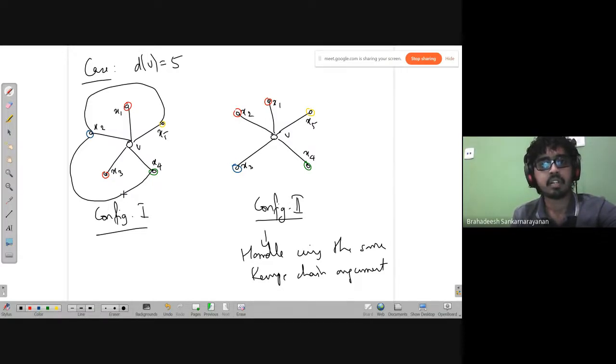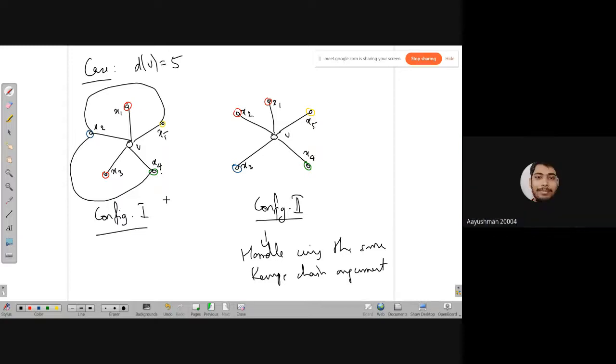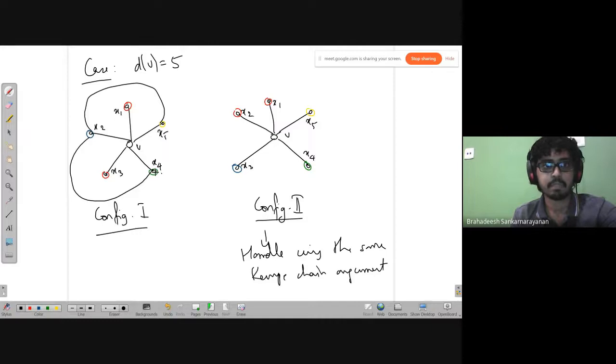Now look at red green and red yellow. Can you find a red-green Kempe chain connecting x1 to x4 consisting of reds and greens?